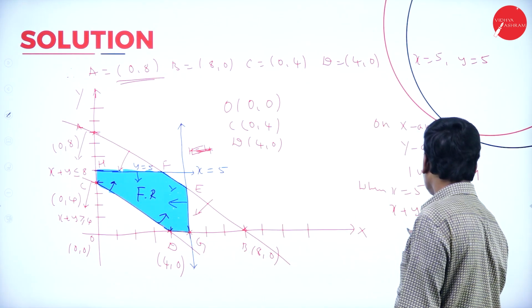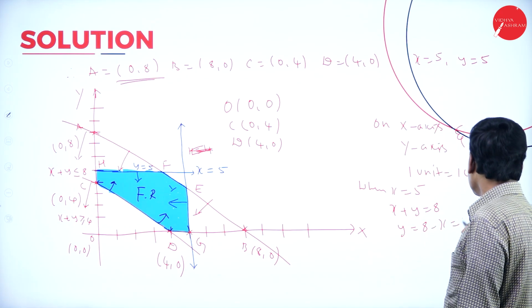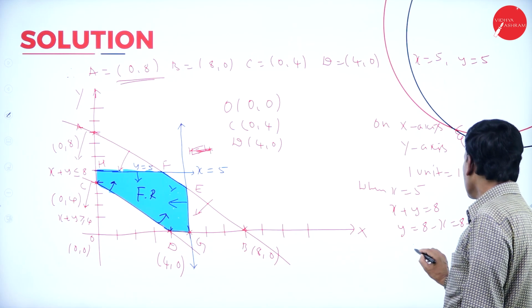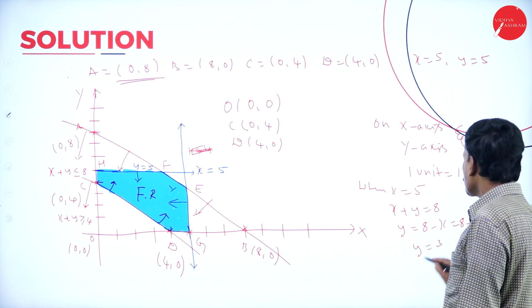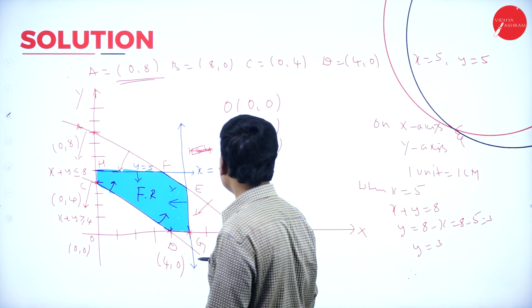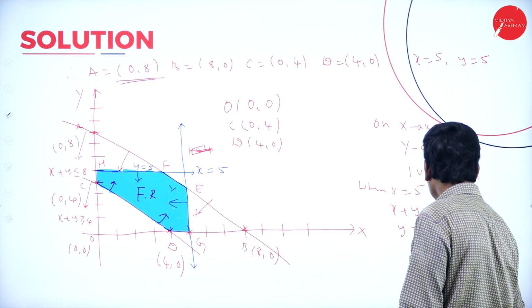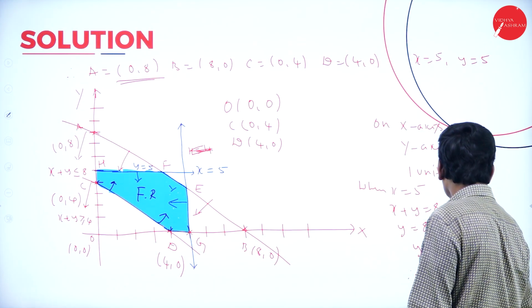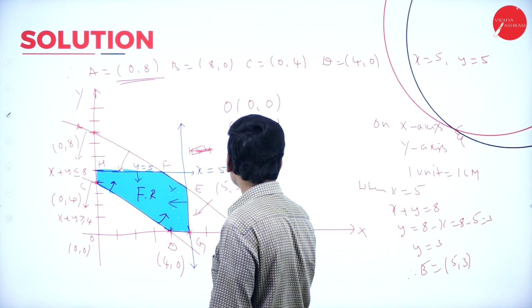Sorry, x plus y is equal to 8. y is equal to 8 minus x, that is 8 minus 5 is 3. y is equal to 3. So the first point we are going to get is E. E is equal to x is 5, y is 3. E is equal to (5, 3).